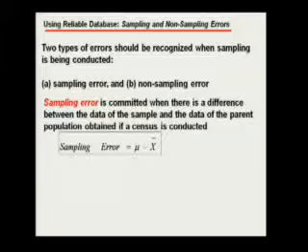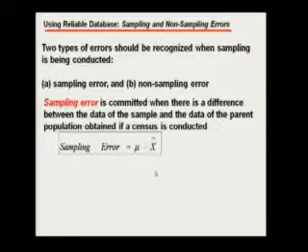It's defined simply by the difference between the mean of the population, mu, and the mean of the sample, x bar. We need to get familiar with these terms here. When we say mu, we are describing the mean of a population, and when we say x bar, we are describing the mean of a sample. This type of error is almost unavoidable.